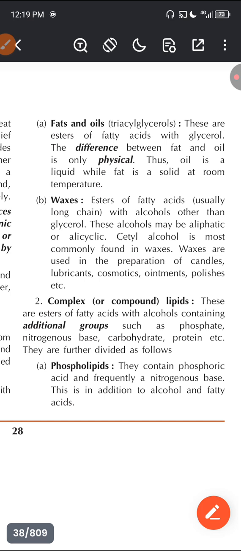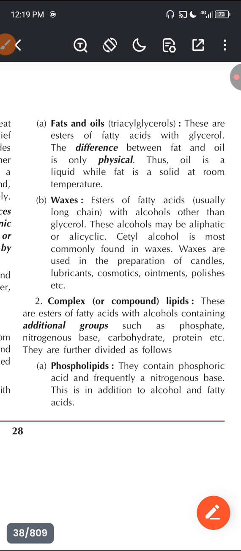So the complex lipids are further divided into the following. We have phospholipid. They contain phosphoric acid and frequently a nitrogenous base. This is in addition to alcohol and fatty acids.